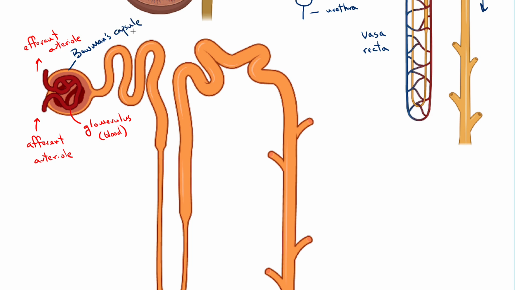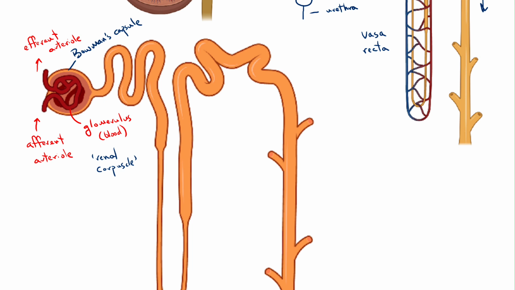And together, Bowman's capsule and the glomerulus are called the renal corpuscle. Again, the renal corpuscle, which means small kidney body, is Bowman's capsule and the glomerulus together.